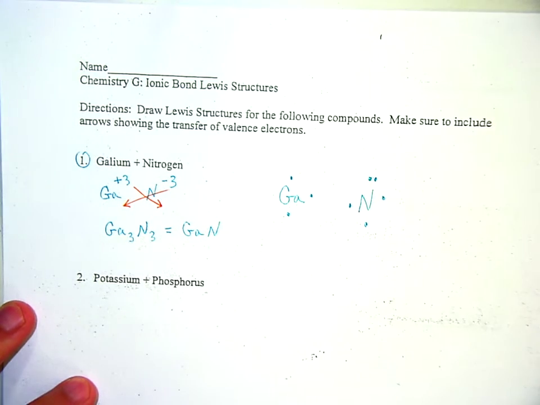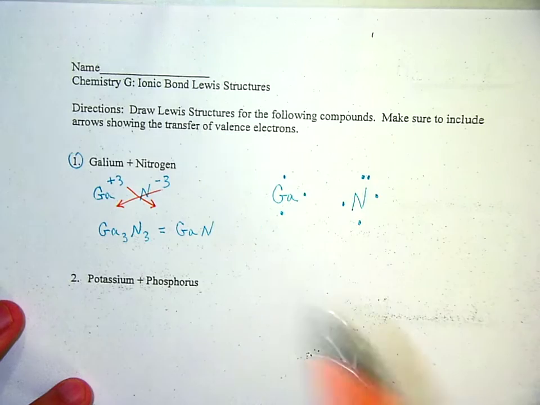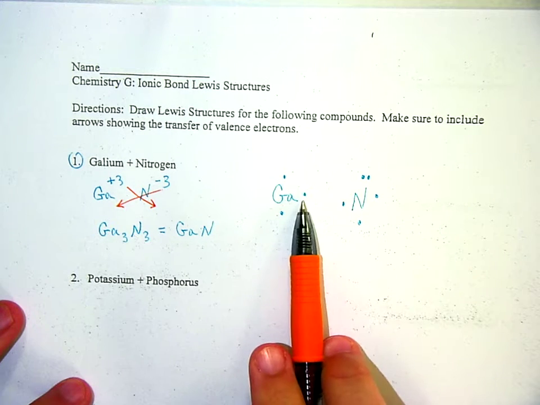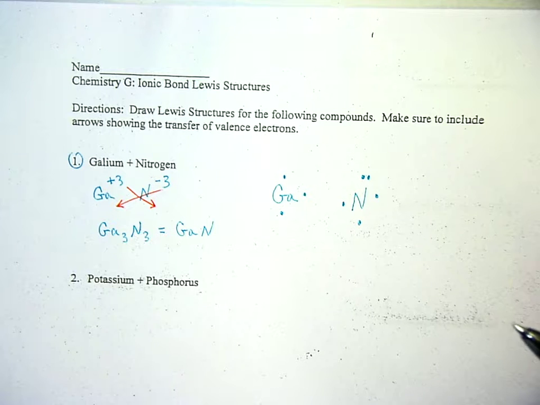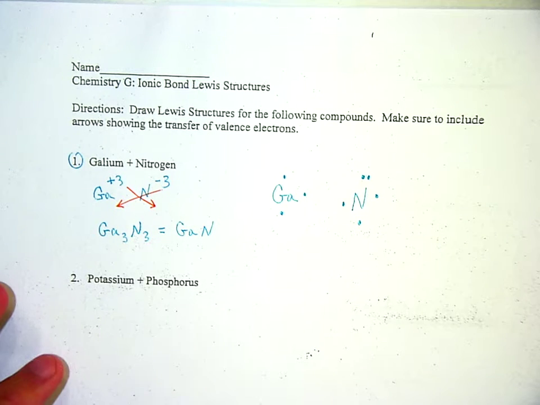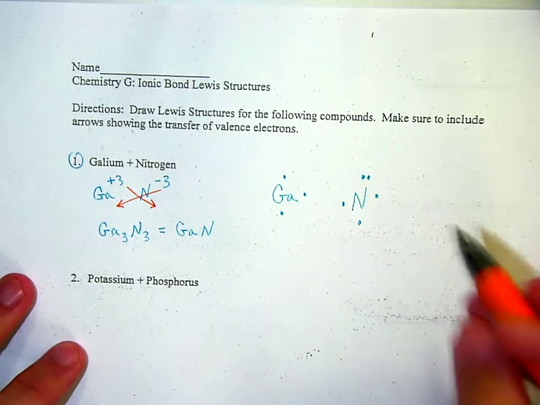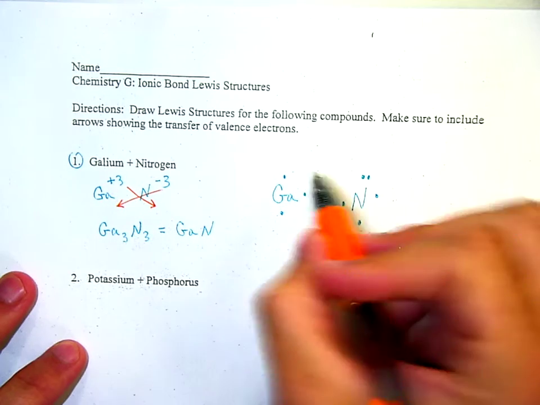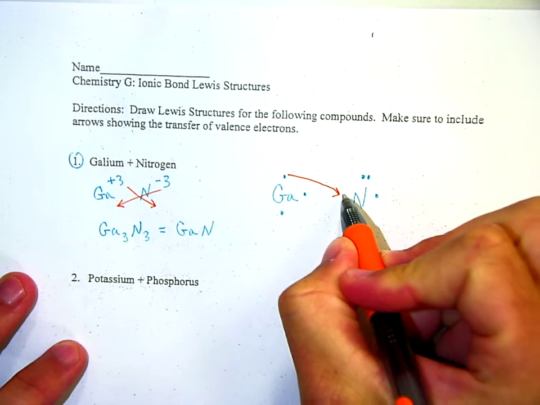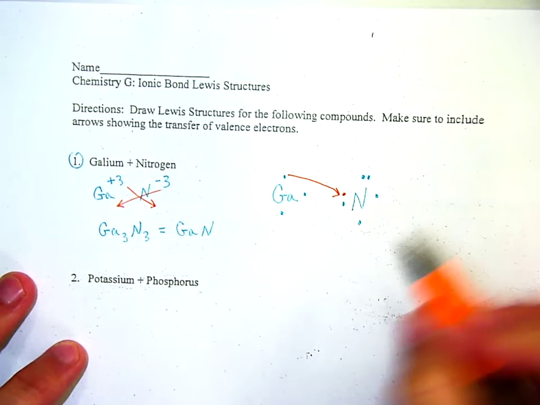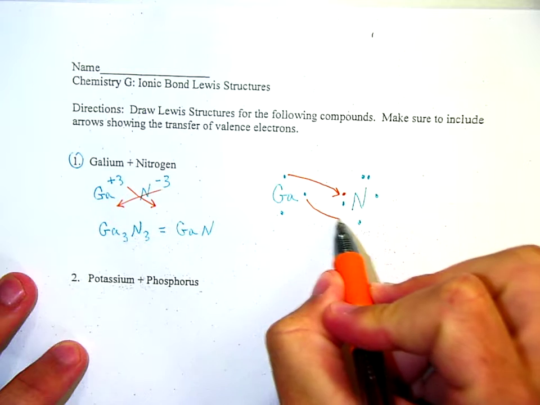We'll double up there. Now, the metal wants to get rid of all its valence electrons to become stable, while the nonmetal wants to get that octet rule. It wants to be able to have 8 total electrons. So we'll draw the transfer of electrons. This electron will get transferred over to this side. So now it has 6. This electron will get transferred over here.